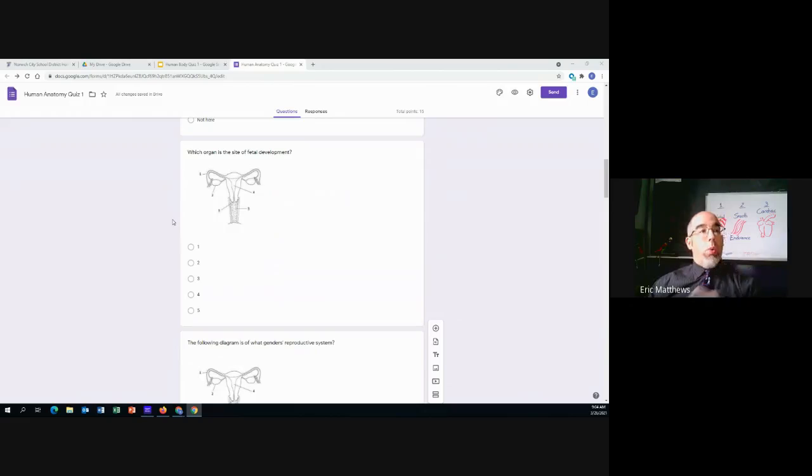Number 4, which organ is the site of fetal development? So in this diagram, which one is where the fetus develops? Is it number 1, number 2, number 3, number 4, or number 5? Which is the site of fetal development?